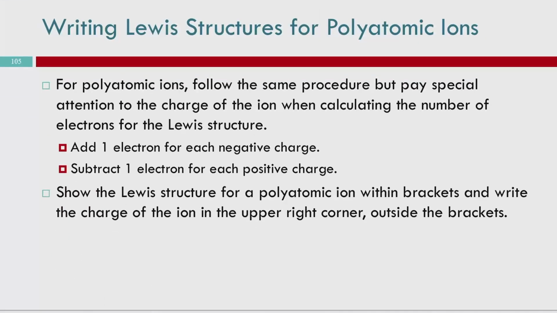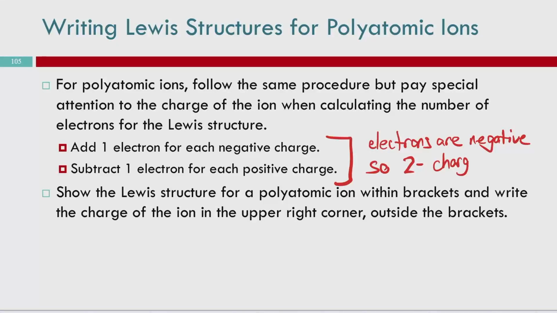And we did some examples, and for polyatomic ions, we need to remember to include the charge. Electrons are negatively charged. So if we have a 2- charge, that means we have 2 extra electrons. We have 2 electrons more than we would expect.